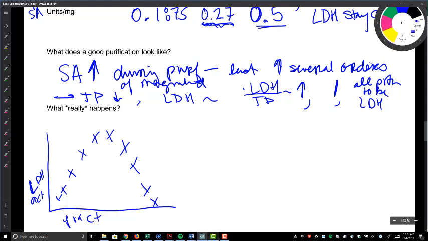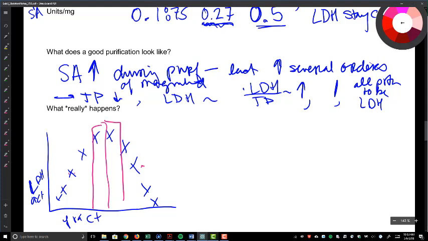Ideally, all these fractions have LDH, and even fractions from this one through this one have a decent amount of LDH. However, you're only allowed to take 2 or 3 fractions during those purification processes. So you leave some LDH behind in every purification.